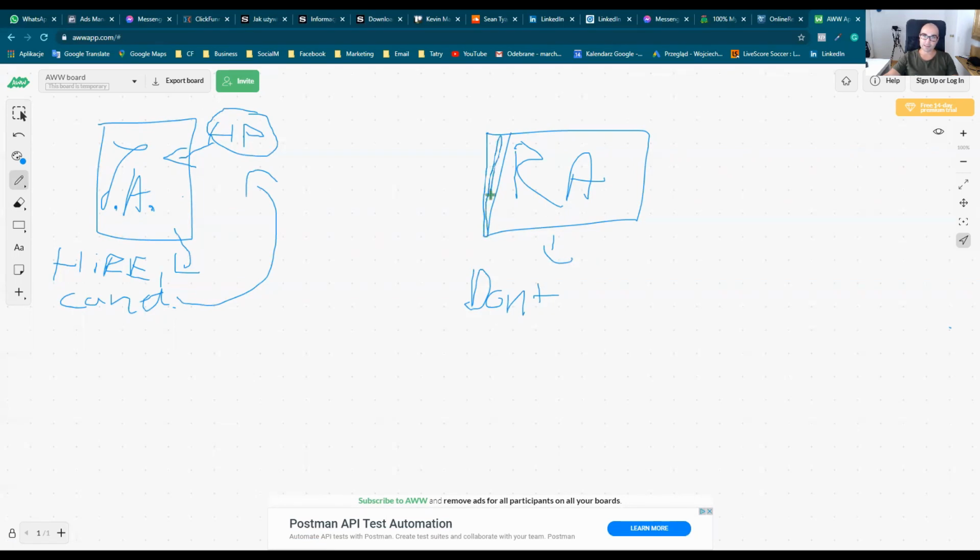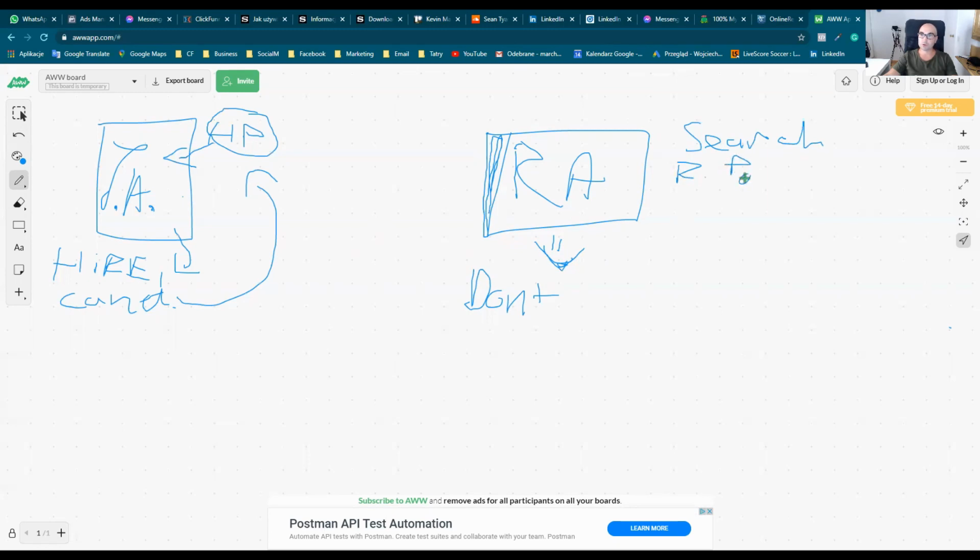The other model is the recruitment agency, and in this particular model that we are talking about right now, the recruitment agency only does the search, and maybe the recruitment process.